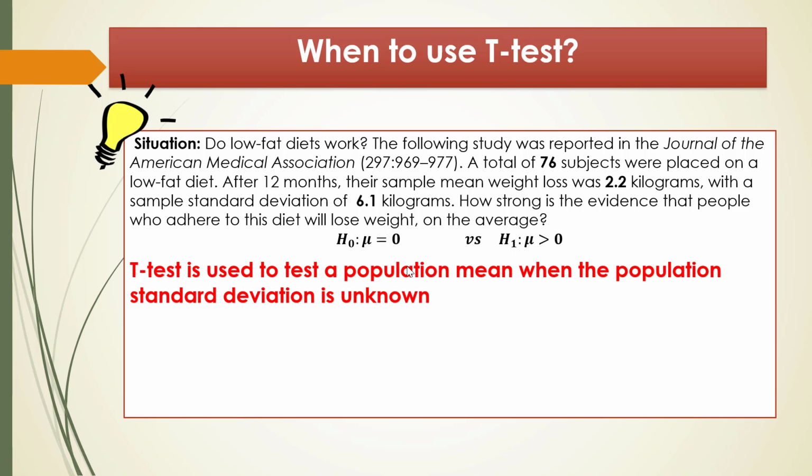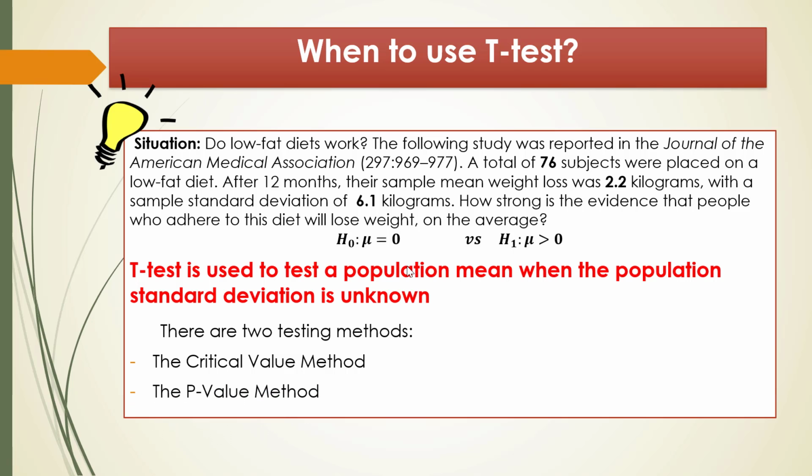Because when the standard deviation is unknown, instead of using the standard normal distribution, we use the student t distribution instead. And just like the z-test, there are two testing methods to perform a t-test. The first method is the critical value method, and the second one is the p-value method.